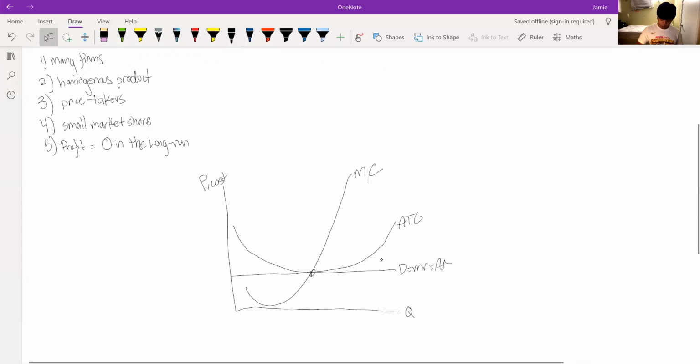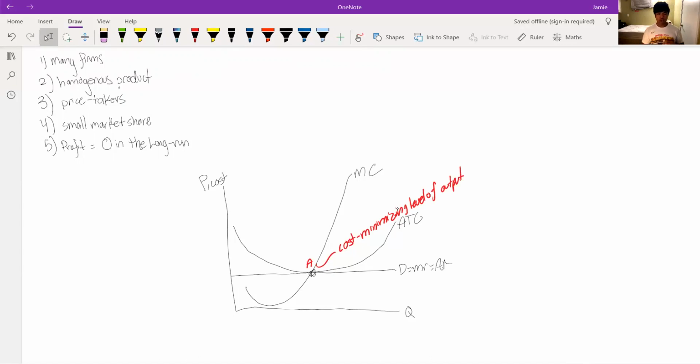And so at this point, A, this is called the cost minimizing level of output, meaning where marginal cost is equal to the minimum average total cost. This is the lowest per unit average cost that is being produced at, let's say, QF quantity.